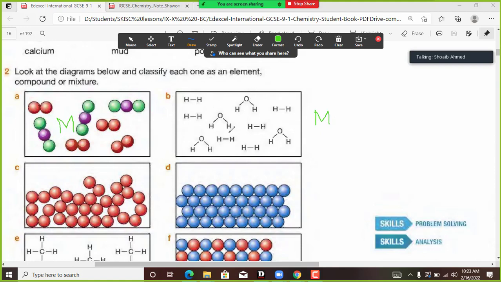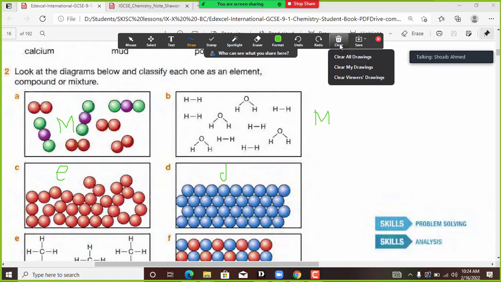Here water and hydrogen are present, so it is a mixture. Now C has the same type of atoms, so C is an element. D is also an element, one type of atom.